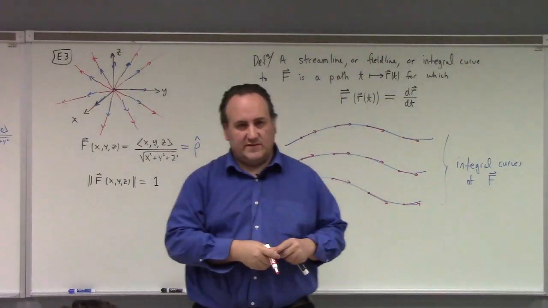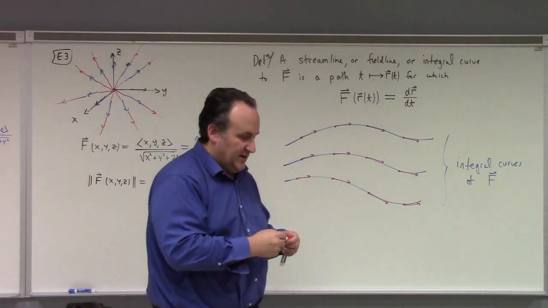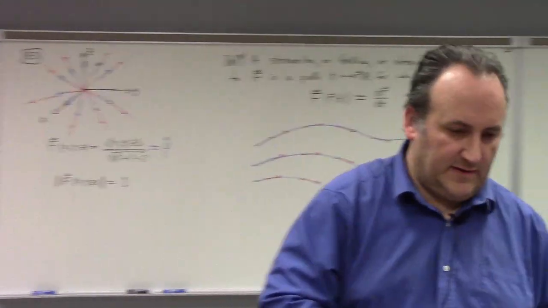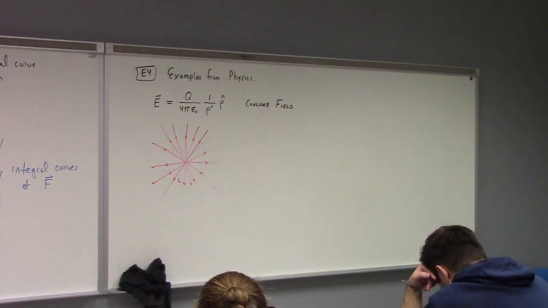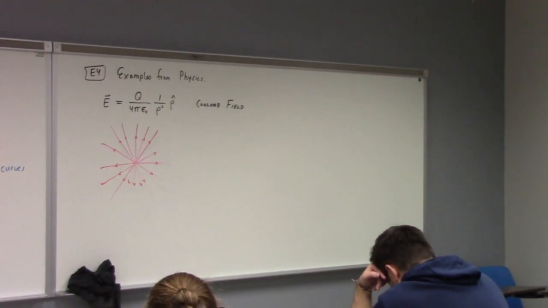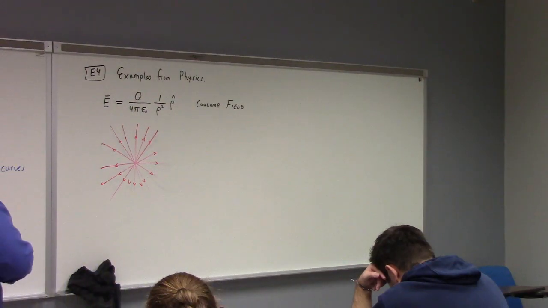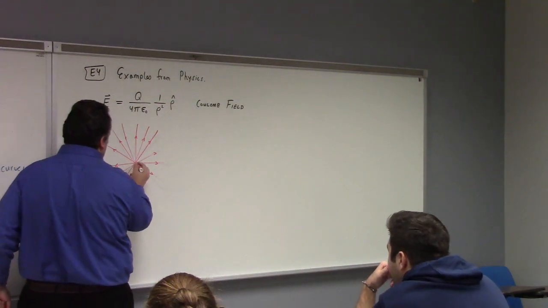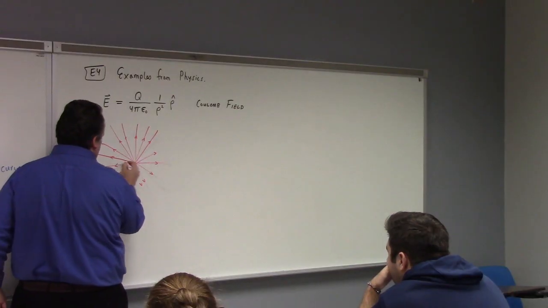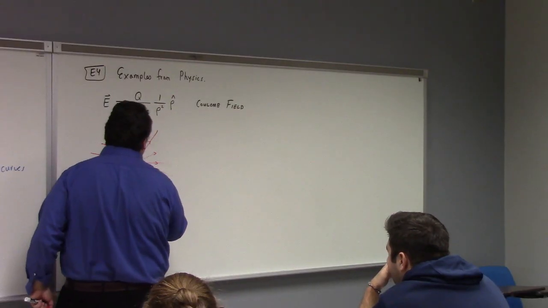The way physics studies vector fields is that the density of the field lines is representative of the magnitude of the vector field. The more dense the field lines, the stronger the magnitude. And you can kind of see that in this one.